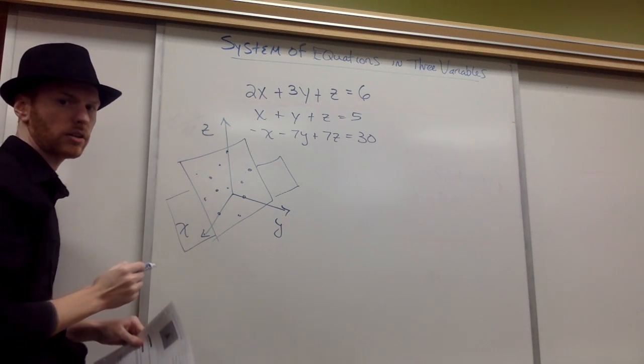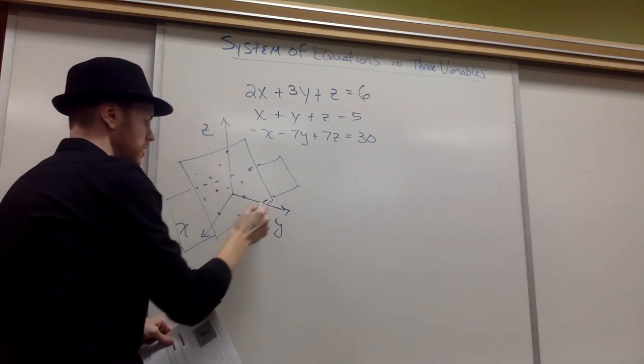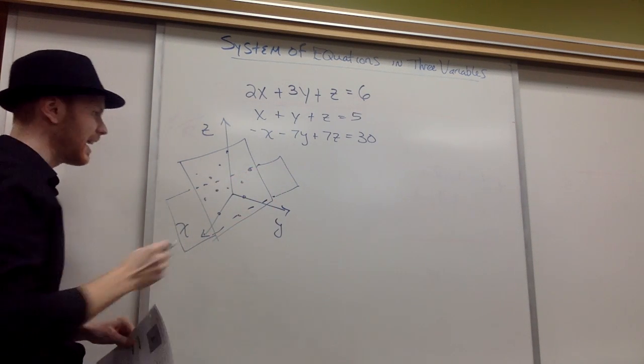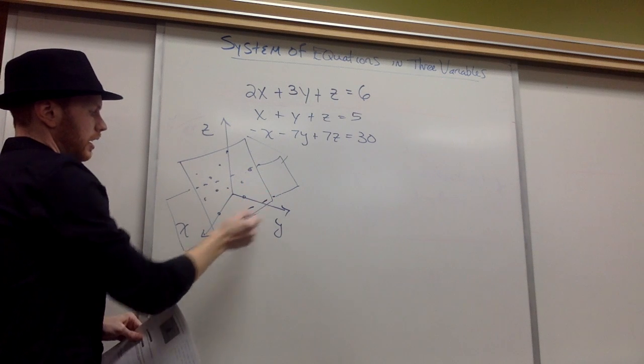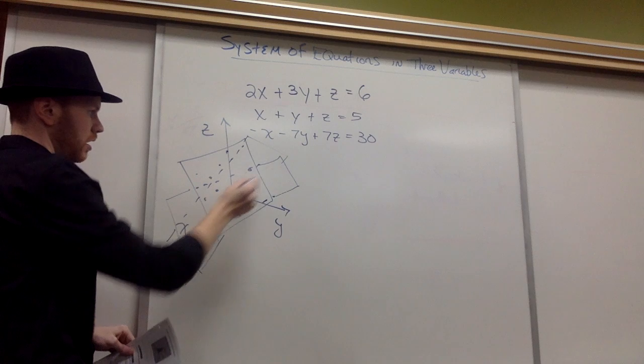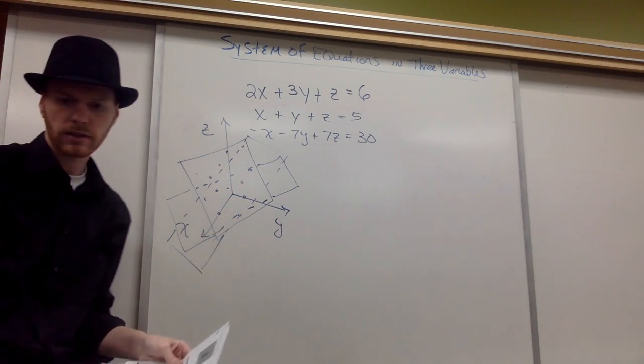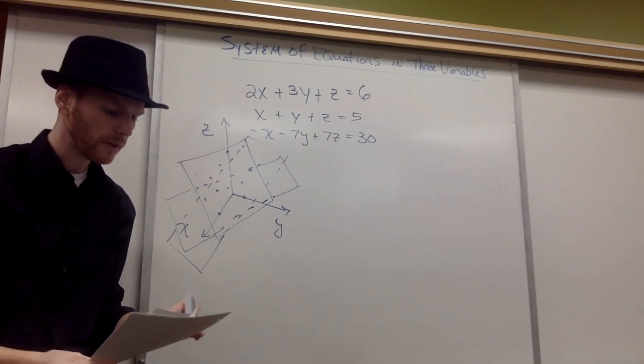I could have a plane going behind this plane here. Actually, I'll put dots so you can see it goes behind the plane. I could have another plane coming out diagonally, like this.